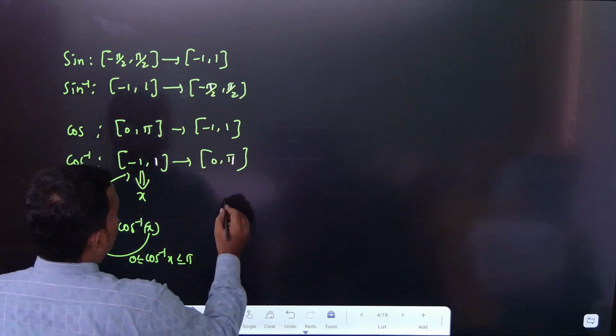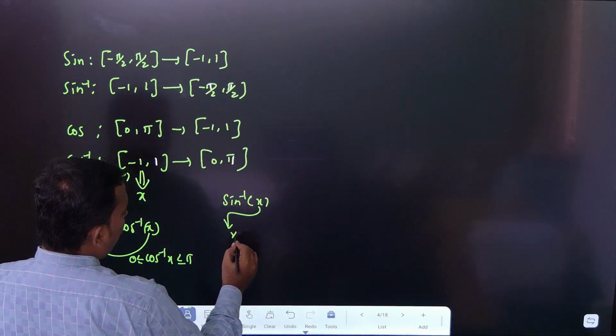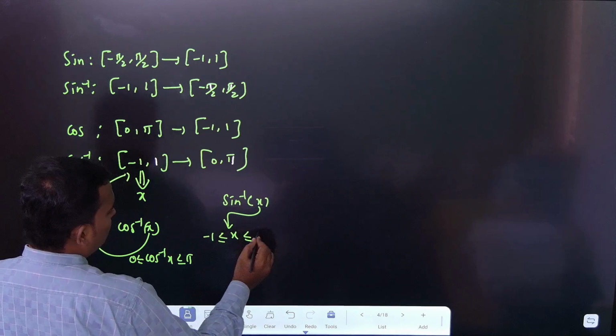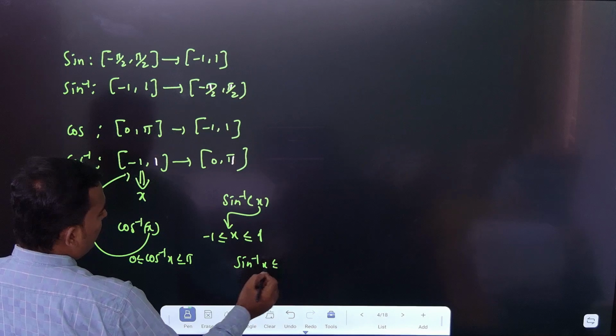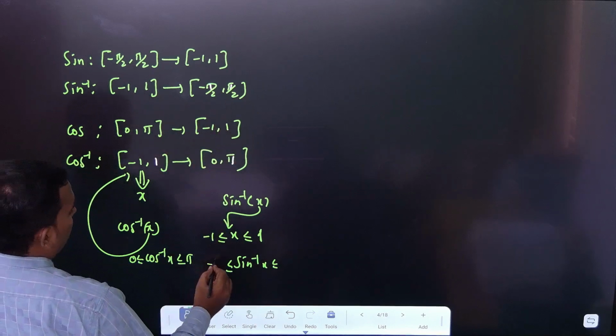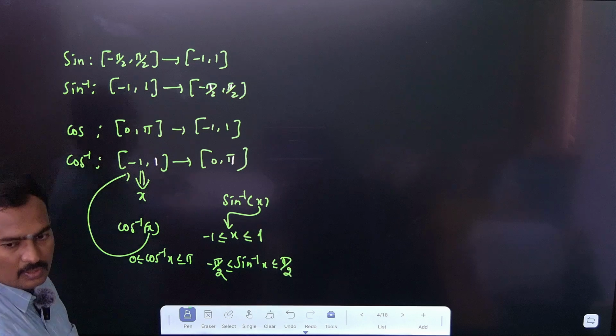The same way, if you are taking sine inverse of x, this x will always be minus 1 to 1. But sine inverse x will fall in minus pi by 2 to plus pi by 2. This is the range of the function.